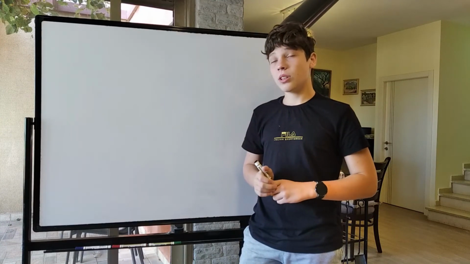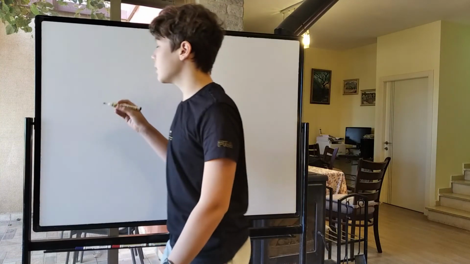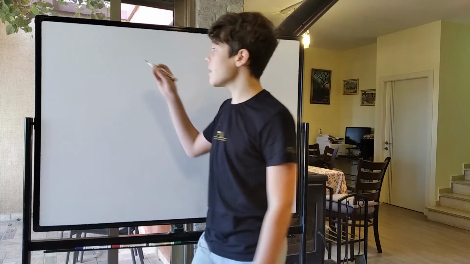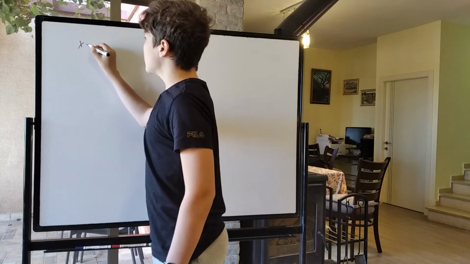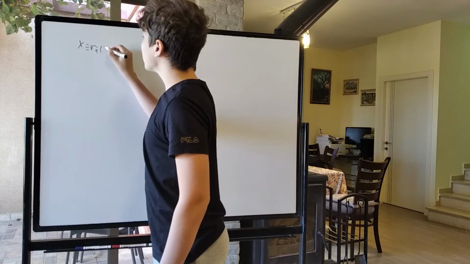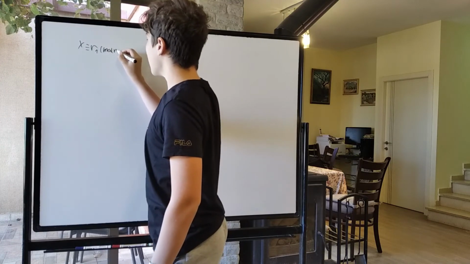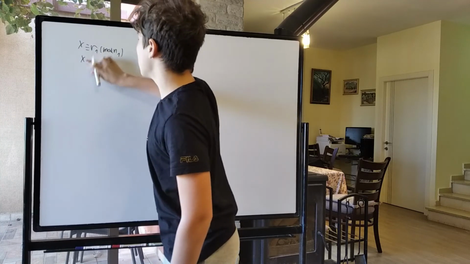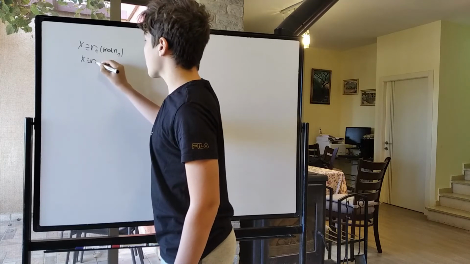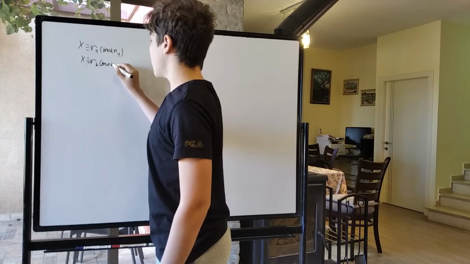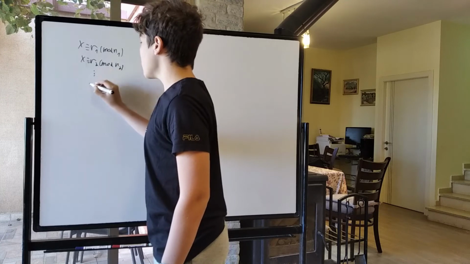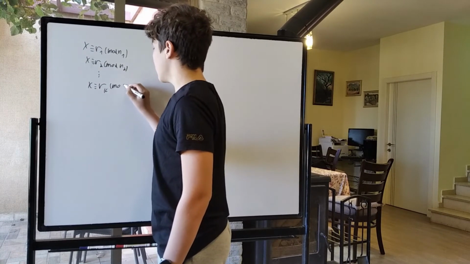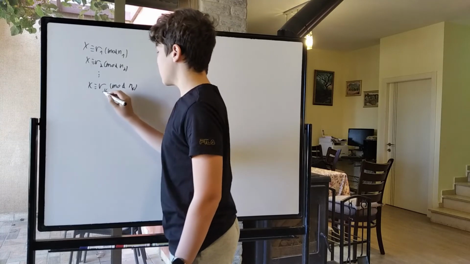Okay, so now let's quickly remember what x satisfies. x is congruent to R1 mod N1, congruent to R2 mod N2, and so on until x being congruent to RK mod NK.